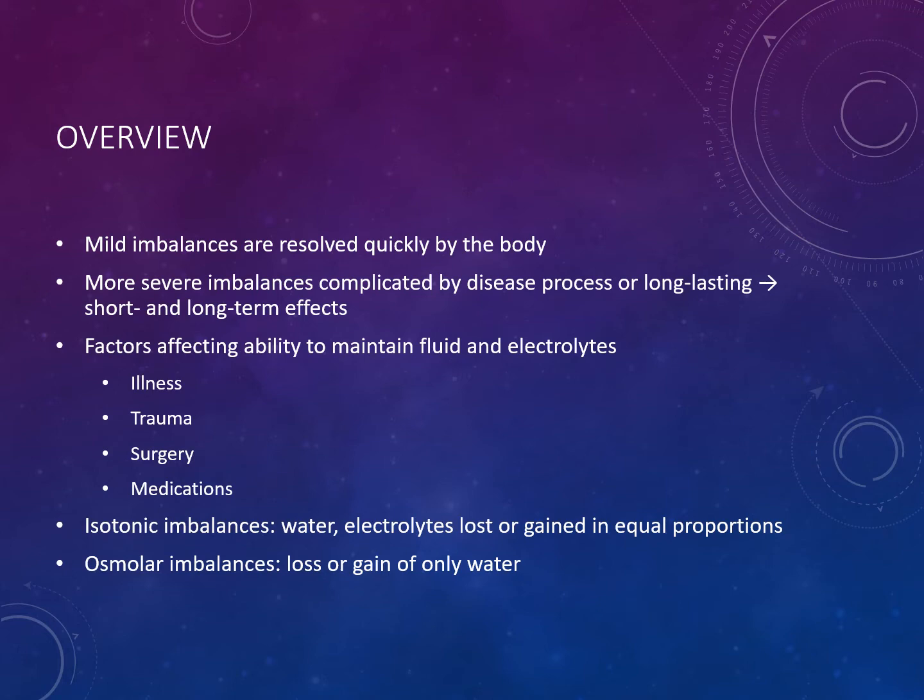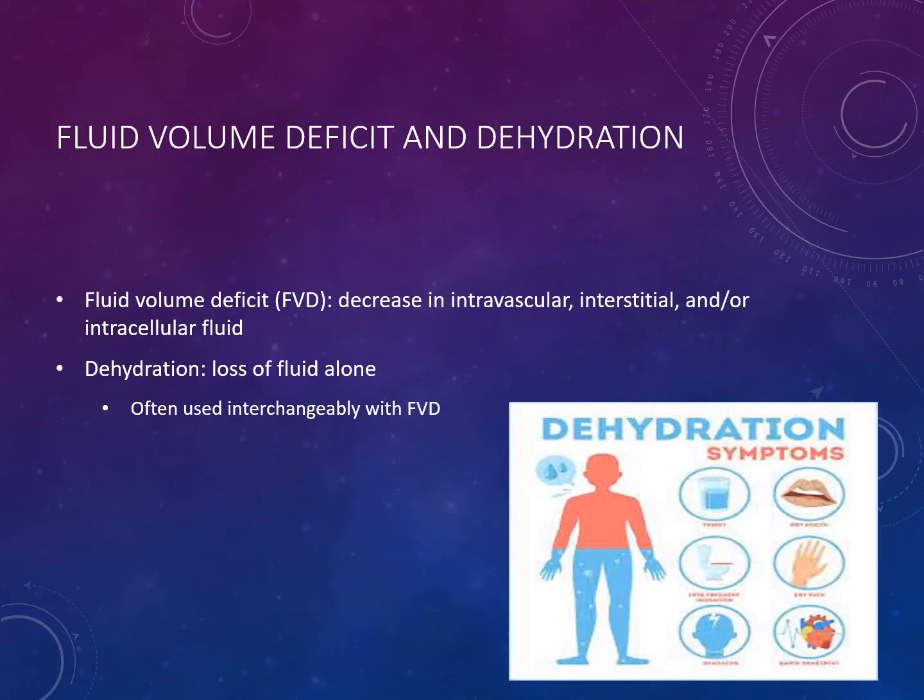Osmolar imbalances involve the loss or gain of only water, so the osmolality of the serum is altered. Four categories of fluid imbalance occur: fluid volume deficit, fluid volume excess, dehydration or hyperosmolar imbalance, and overhydration. Any of these four imbalances, it's got to be right. Remember from the other recording, we've got to have homeostasis.